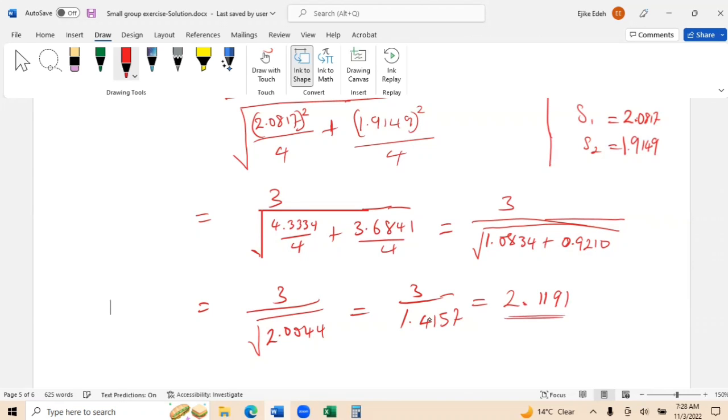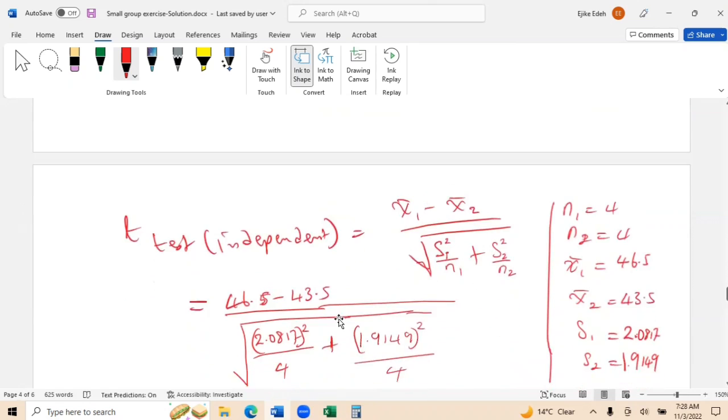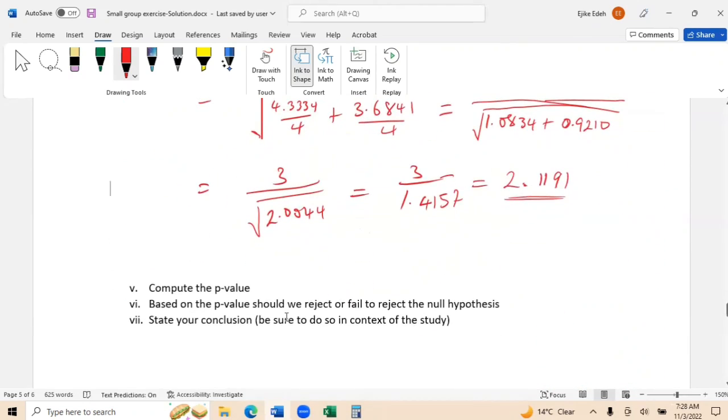So this is your test statistic. Took us a long way, but that is what we have.